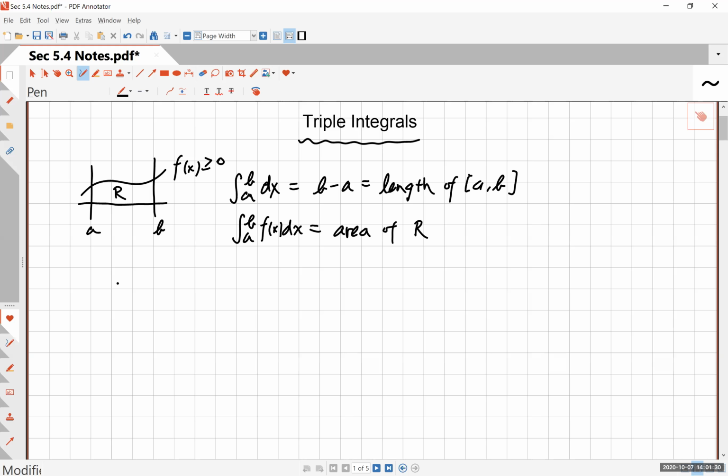And then we added a dimension, and we talked about double integrals, right? So you have this R, and then we can talk about some surface, f of x, y, and let's assume it's also non-negative. Now if you don't integrate any particular function, but maybe the constant one function, we can write the double integral over R of dA.